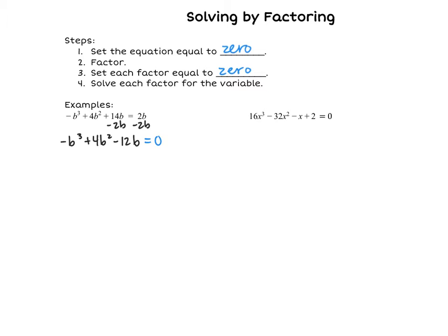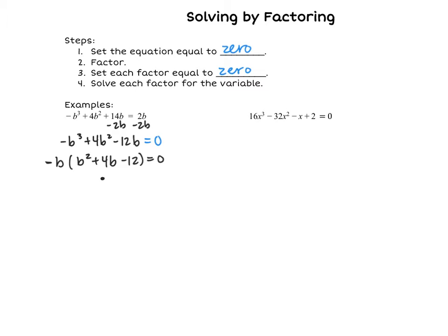Now, since my lead coefficient is negative, I'm going to factor out a negative, but I also have a b for my greatest common factor, so I'm going to factor out a -b, and then I'm left over with b to the second power plus 4b minus 12 equals 0. I'm going to check and see if I can continue factoring, which in this case I can.